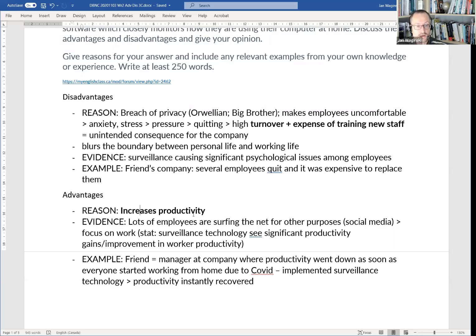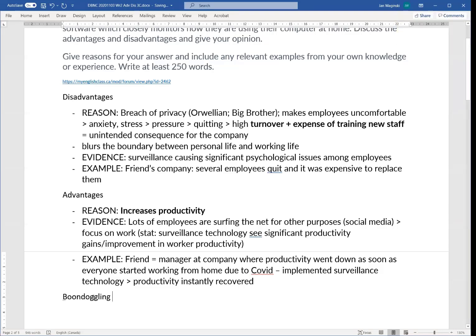We have this funny word called boondoggle. Has anyone heard that word? No. Okay. Don't use it on IELTS, please. Boondoggling means behaving in a way that makes it look like you're working without actually working, like looking busy. How do you spell it, John? Looking busy doing nothing? Yes, it's called boondoggling. So you say she's boondoggling?